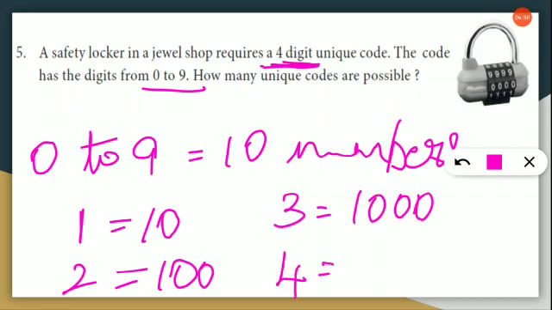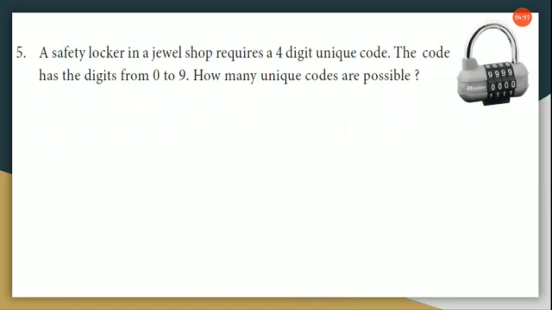And it is a 4-digit number, so there should be 4 times 10 multiplied. So the answer is 10,000 ways. From 0 to 9, you can make 4-digit numbers in 10,000 different possible ways. Clear, children?